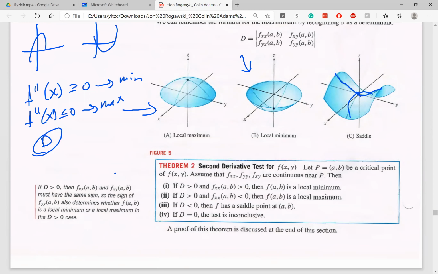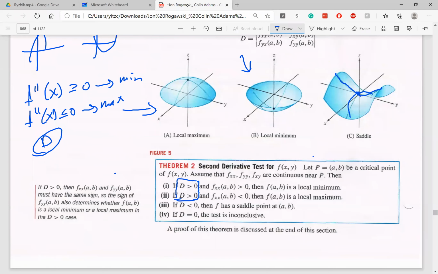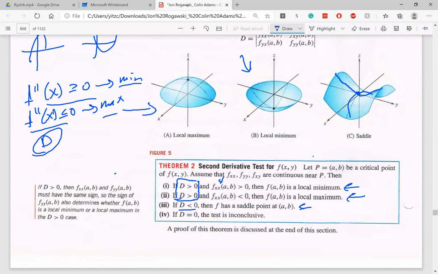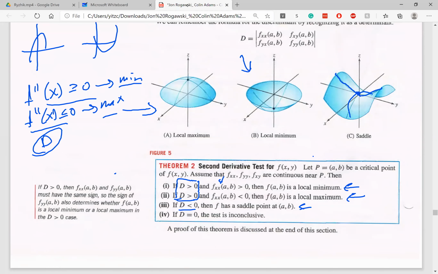If D is positive, then if the second derivative is positive, we have a minimum, same thing as in Calc 1. If the second derivative is negative, we have a maximum. But if D is negative, we have a saddle point. So if D is positive, you look at the f with respect to x twice to see what's going on. And if D is negative, you know that we have a saddle point.